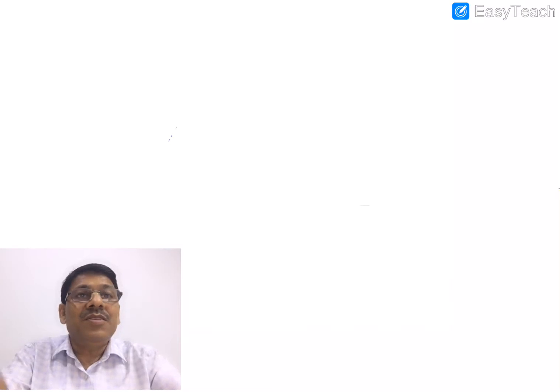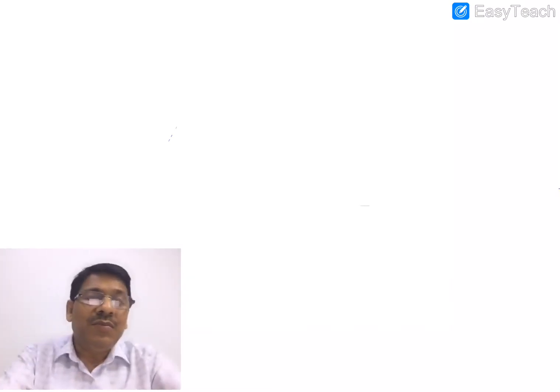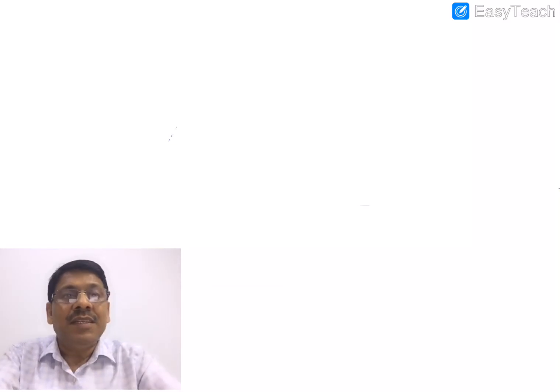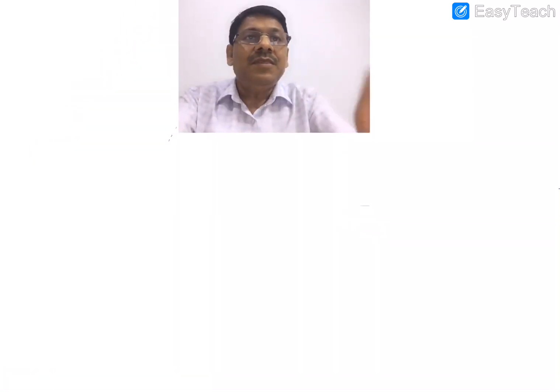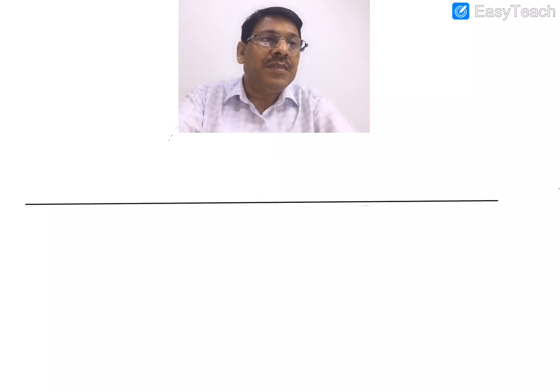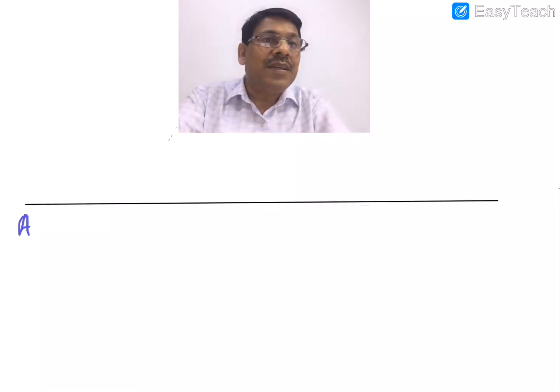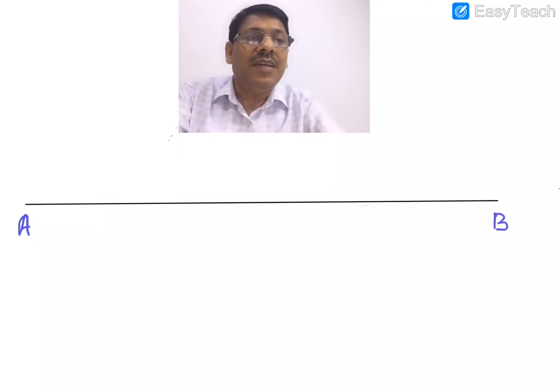Now another question, in uniform motion. Suppose there is some distance from A to B. This point is A and this point is B. The distance between A and B is x kilometer.